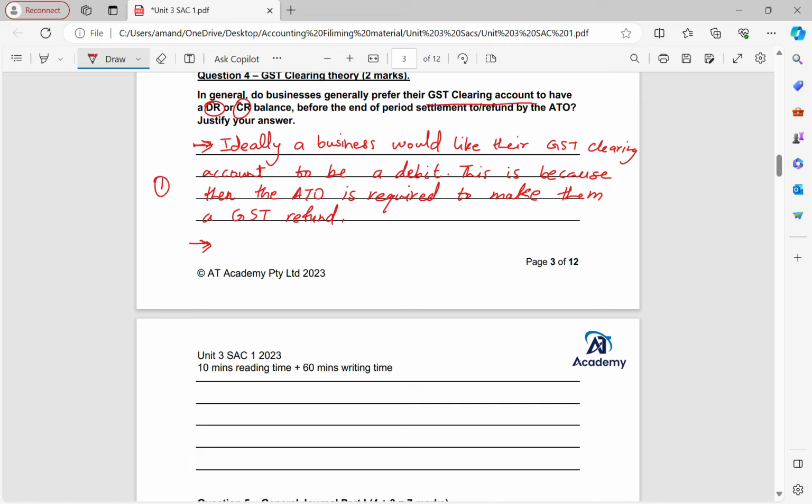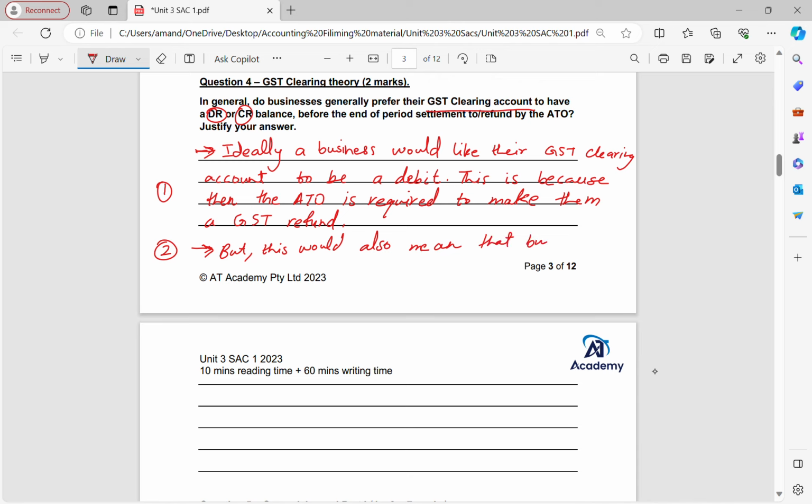This is one point to get one mark, and then the second mark is for the idea that, maybe let's just word this as, but this would also mean that the business is not performing well.